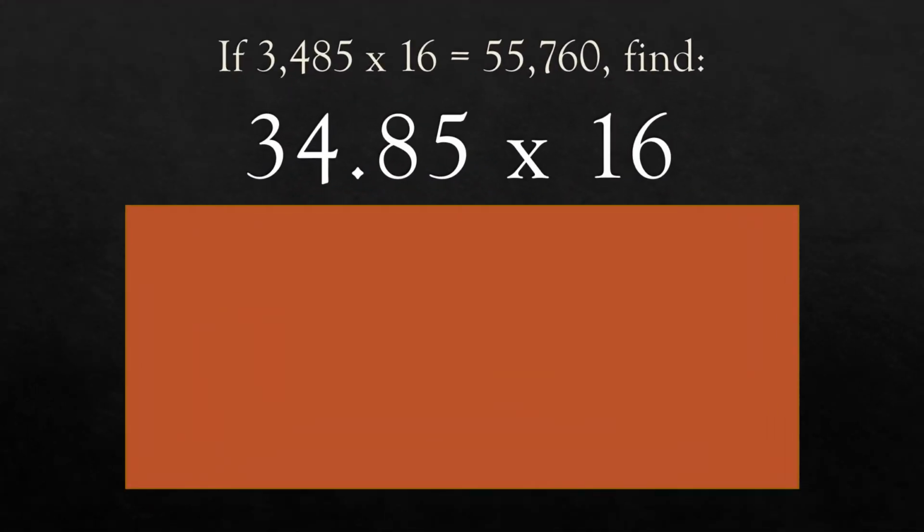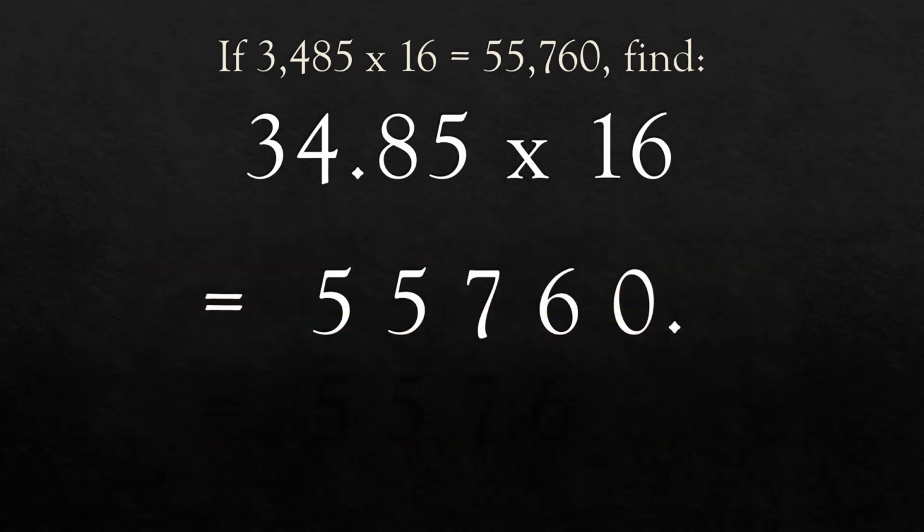Let us take another example. If 3,485 multiplied by 16 is equal to 55,760, find the product of 34.85 multiplied by 16. If we ignore the decimal point, the product remains the same. That is 55,760. But the position of decimal point is changed.